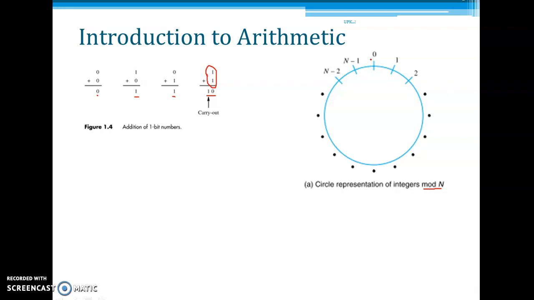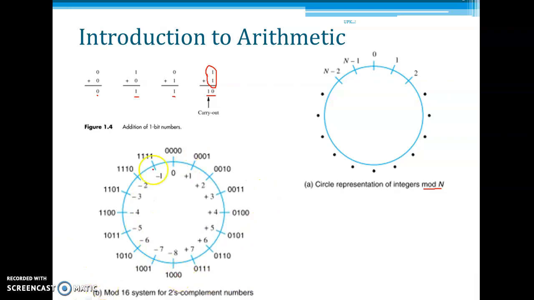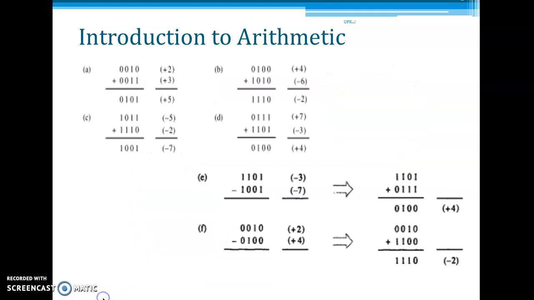It becomes 1 1. That is your mod n operation, right? This is the representation of mod n operation in the 2's complement system. You should remember that we are representing it in terms of the 2's complement number system. This is what we saw just before in the previous slide.